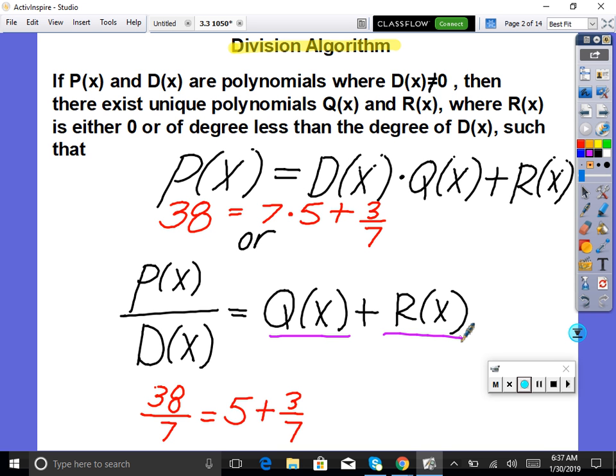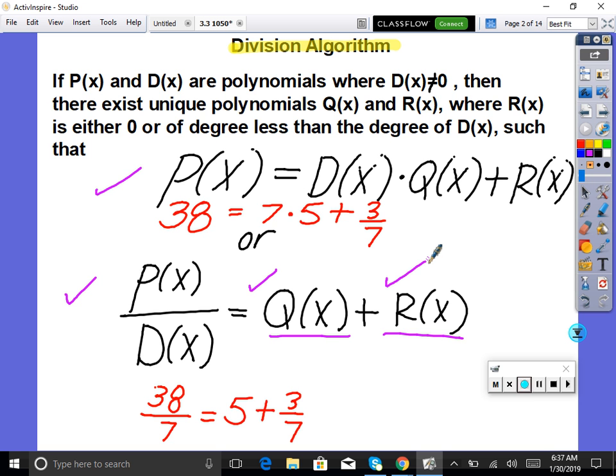Basically write these down and then I'm going to explain them. So p of x equals d of x times q of x plus the remainder. r of x would be our remainder. Another way of saying this exact same thing is this: if we take p of x divided by d of x, we're going to get q of x plus our remainder over d of x. Saying the same thing, just written a little differently.